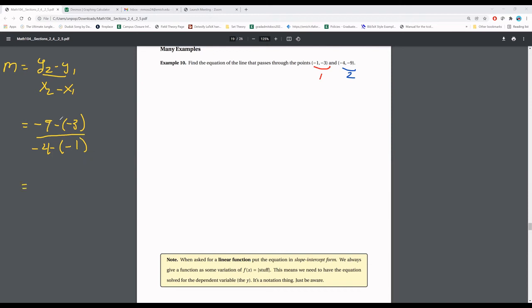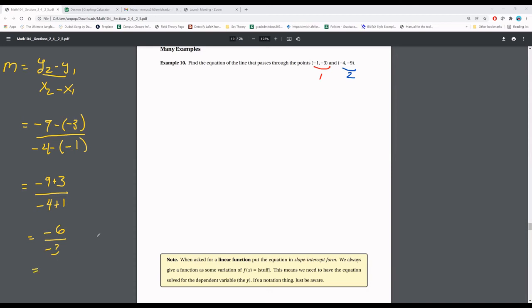Why the parentheses? Because negative negative gives me a positive, so that turns out to be a negative 9 plus 3 and a negative 4 plus 1. Negative 9 plus 3 gives me a negative 6 and a negative 4 plus 1, a negative 3.